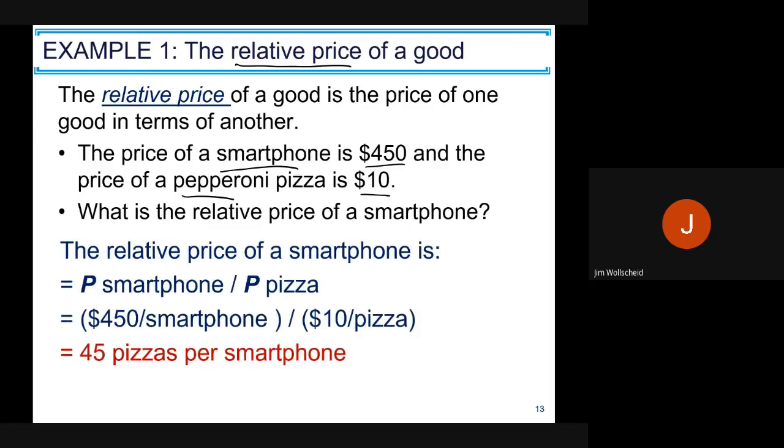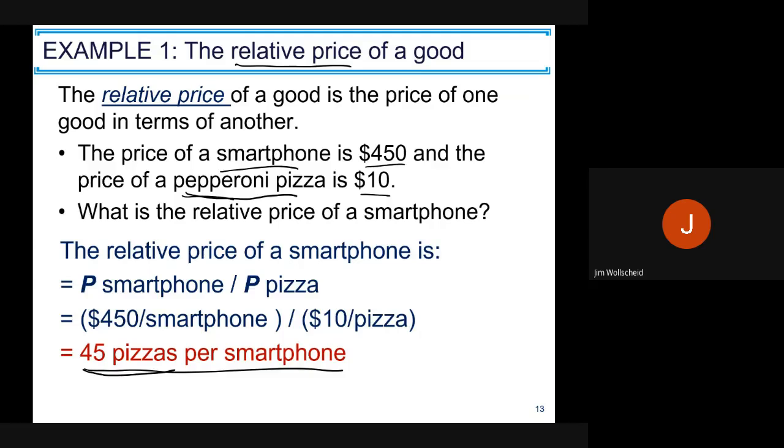So a smartphone is really worth 45 pizzas. If I'm getting a smartphone, what I'm willing to give up is 45 pizzas to get there. This is reflected in the real price. That's in units, right? So one smartphone costs 45 pizzas. That's the real price. The nominal price is this 450.